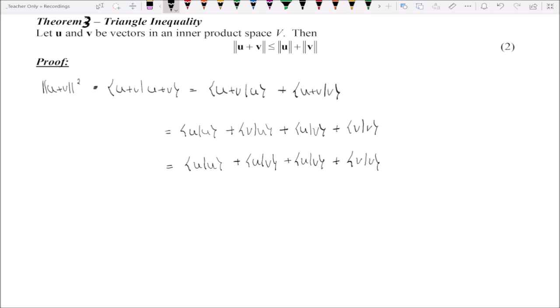Right, we can write the inner product of v with u as the inner product of u with v. So notice now what we have is the inner product of u with u plus 2 times the inner product of u with v plus the inner product of v with v.